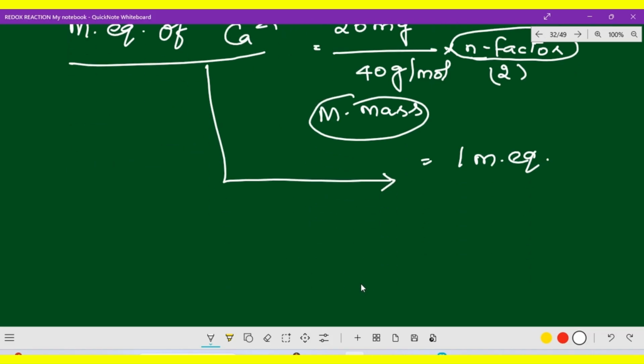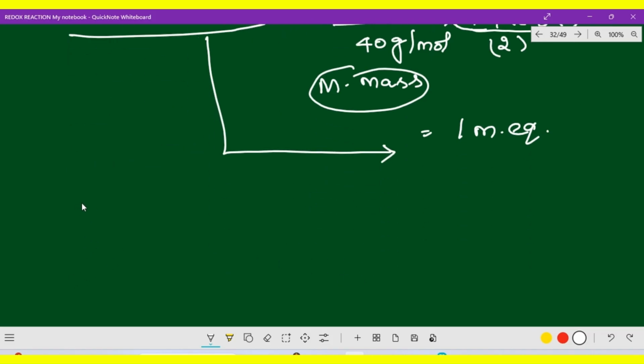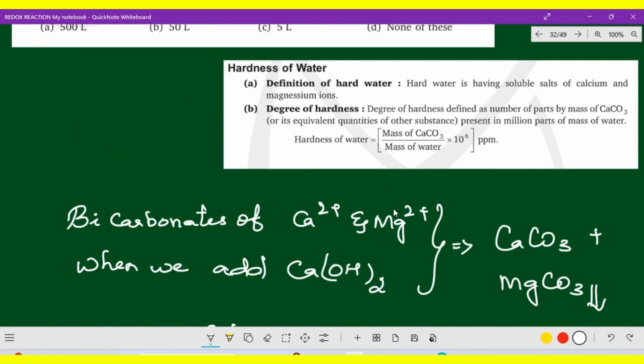Now we have to find magnesium also. Milli equivalent of magnesium ion Mg2 plus is given mass by molecular mass into N factor. The given mass here is 12 milligram, as in the question.